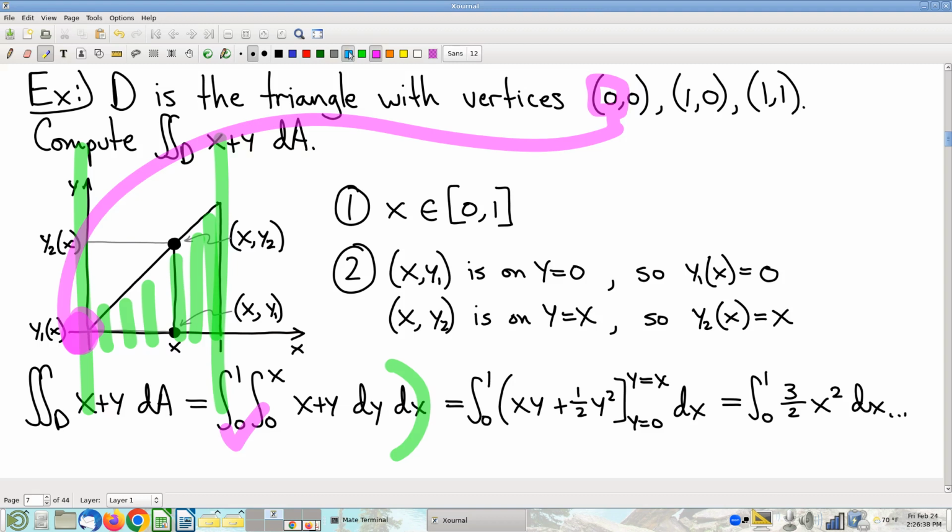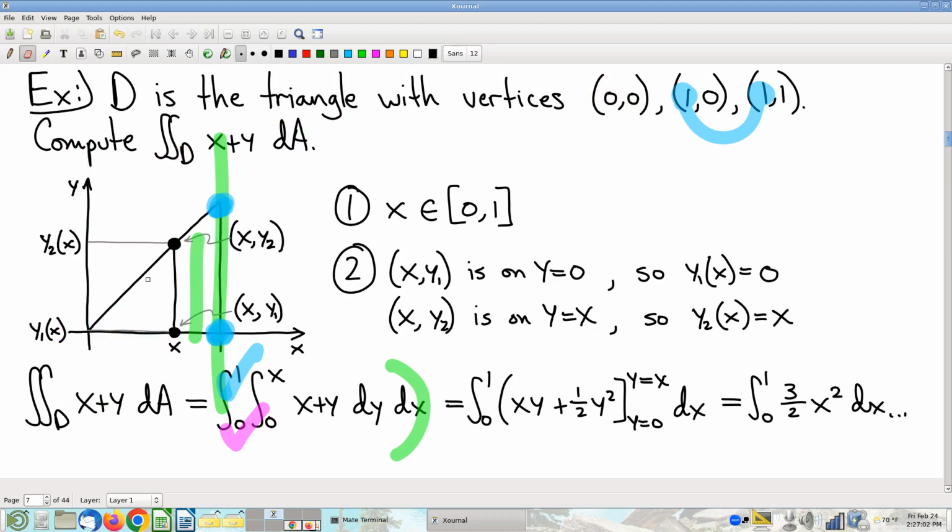And pick any one of these points, whichever one you like, doesn't matter. For our last x slice, these 2 points both have the same x-coordinate, giving me my upper bound for x of 1. All right, is everybody happy? Right. All right, so x goes from 0 to 1.